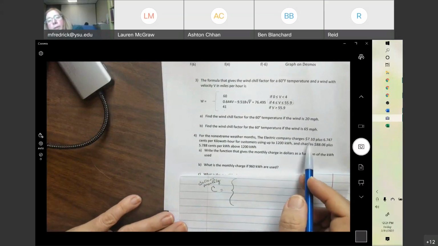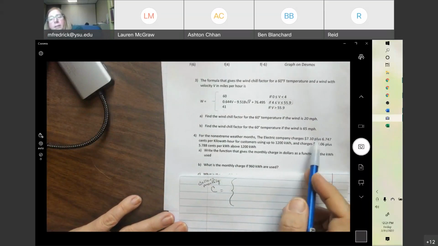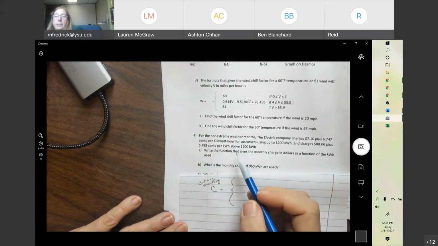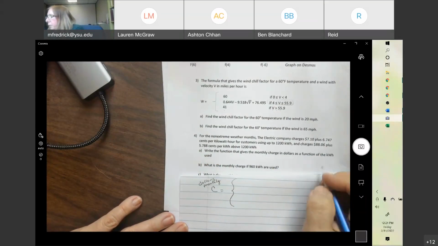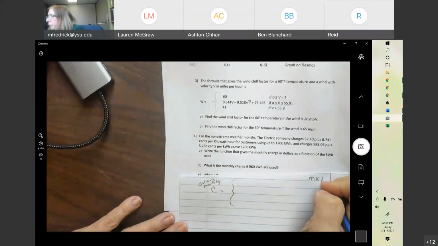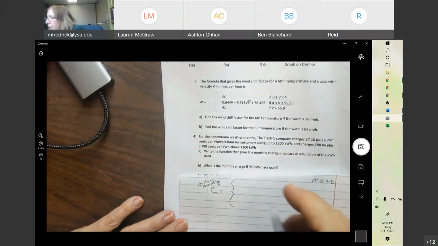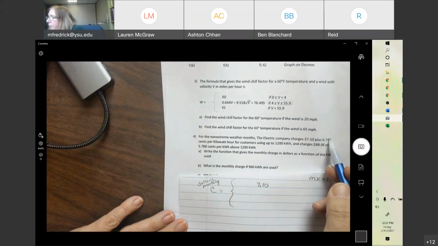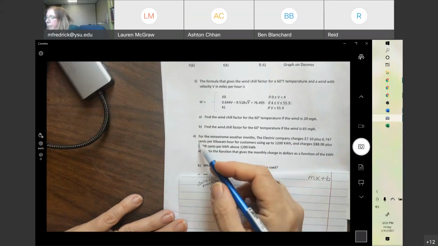Now think of these as straight lines. They charge $7.10 plus a cost per kilowatt hour. That's your rate or your slope. And the 7.10 is your fixed cost. So we want to think of mx plus b. The 7.10 is a fixed cost. And this is the rate per kilowatt hour, but it's in cents.